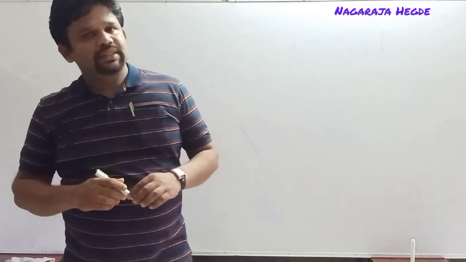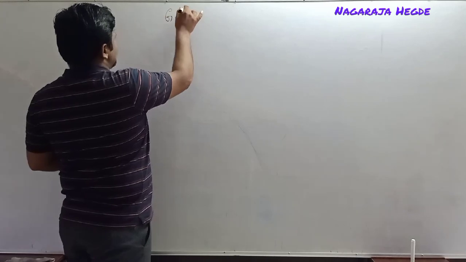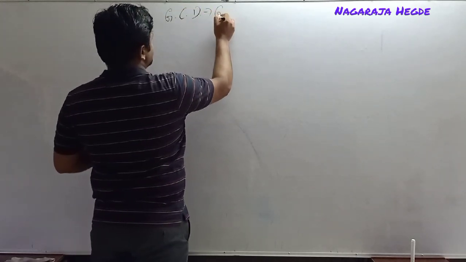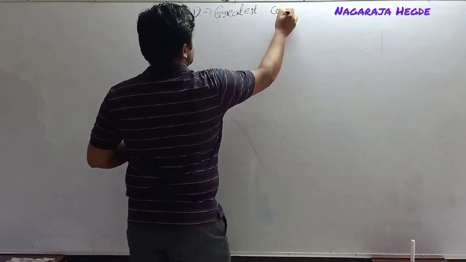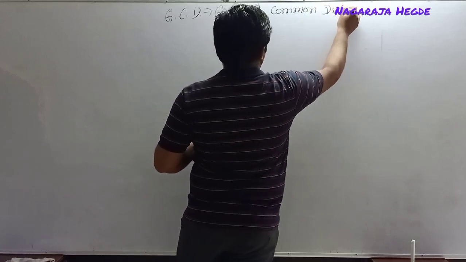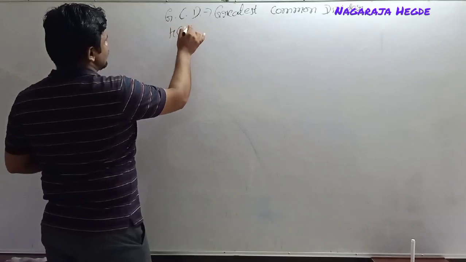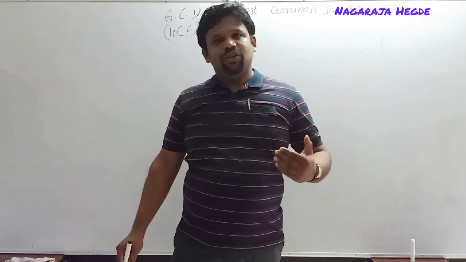Now let us discuss GCD. What is GCD? GCD is nothing but greatest common divisor. One more name is there, HCF. What is that? Highest common factor.